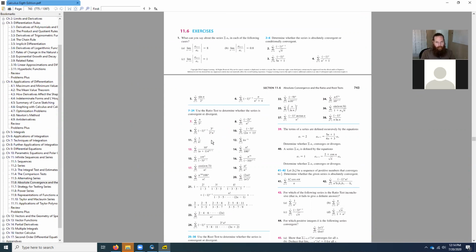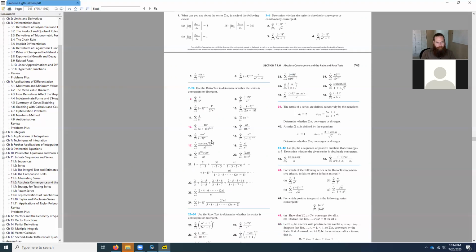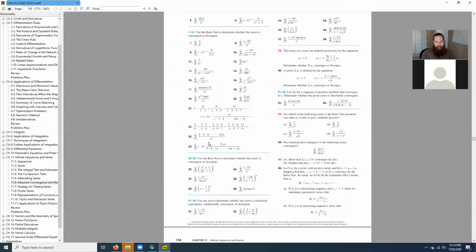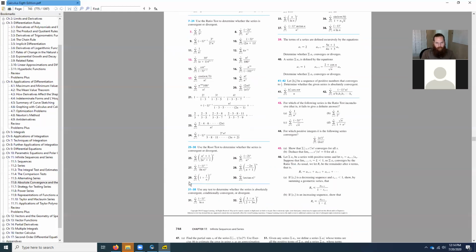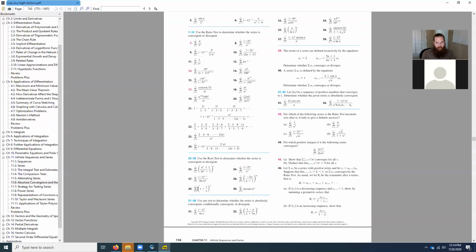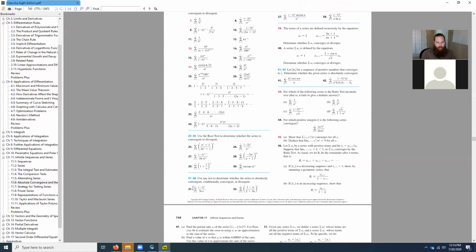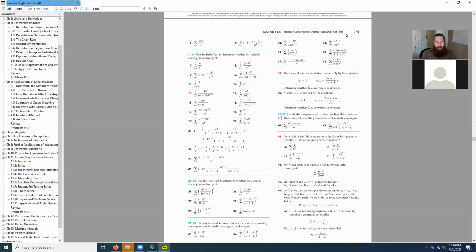Okay. How's about divergent? Use any test to determine whether the series is absolutely convergent, conditionally convergent, or divergent. Okay, let's look at like 32 and 34.